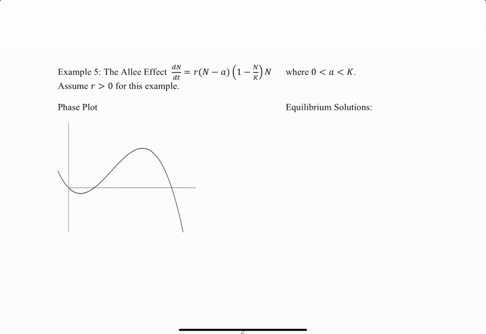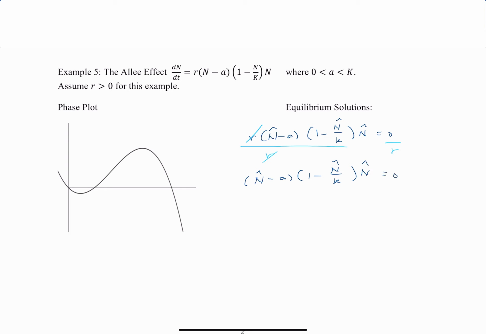So we have R times (n minus A) times (1 minus n over K) times n equals 0. And I should put the little hats on the n's because these are specifically equilibrium solutions that we're looking for. I'm going to get rid of the R by dividing both sides by R, at which point I have (n hat minus A) times (1 minus n hat over K) times n hat equals 0.